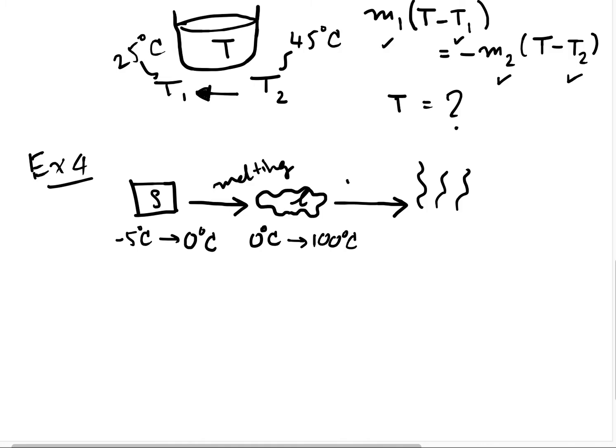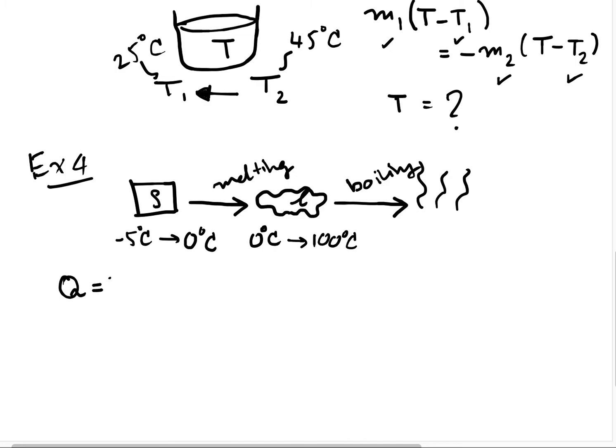This is what we call vaporization, or I'll just call it boiling here. Okay, so this is a four-step process. For the first step, we are considering the solid phase.